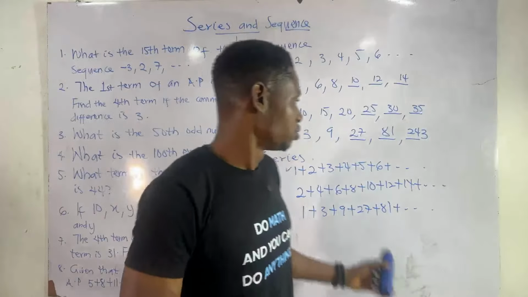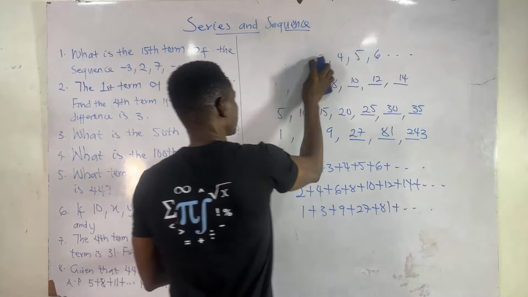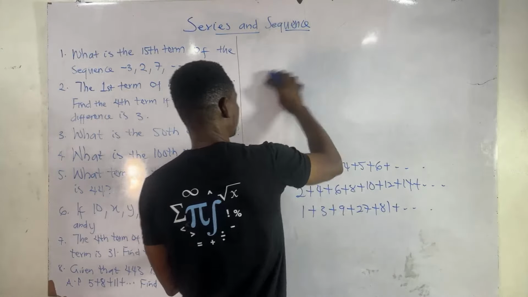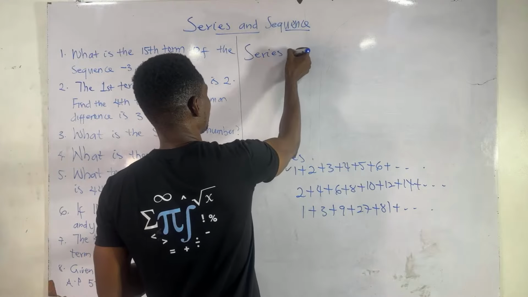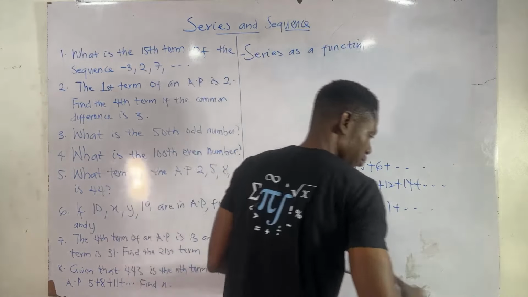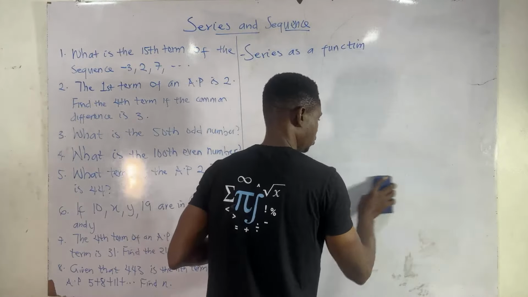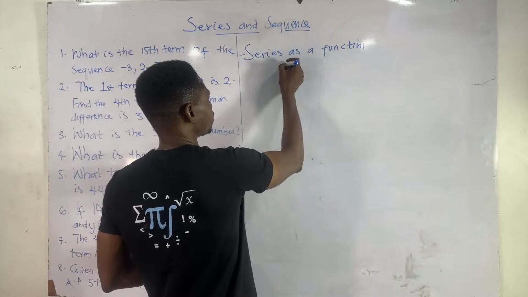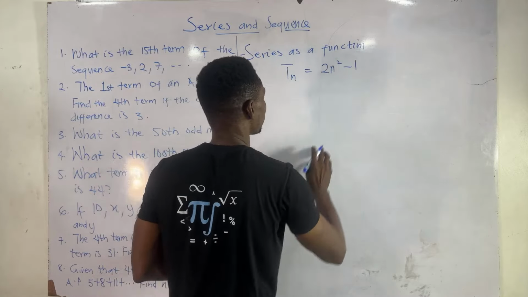Now, we want to look at series as a function. Okay, let's say we're given this series: Tn equals 2n squared minus 1.